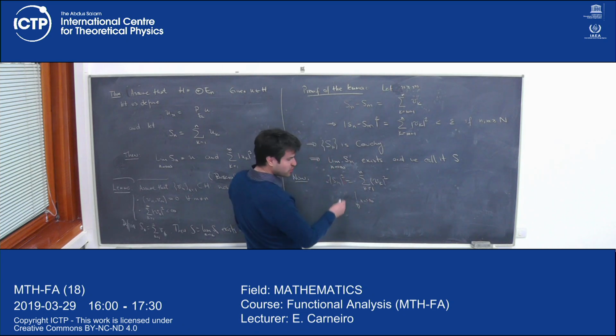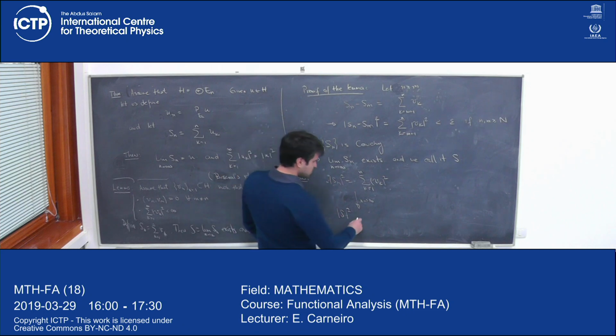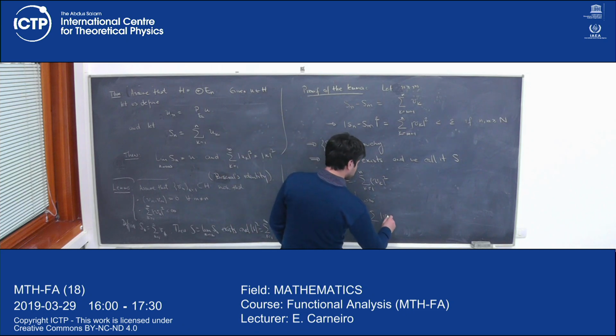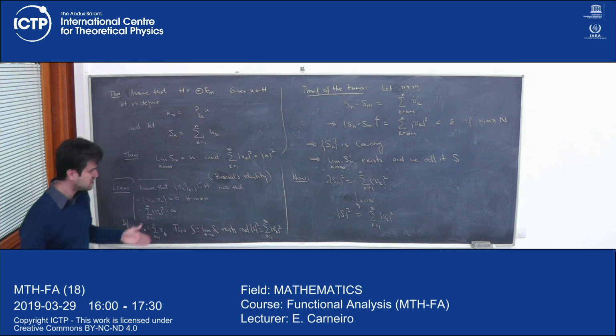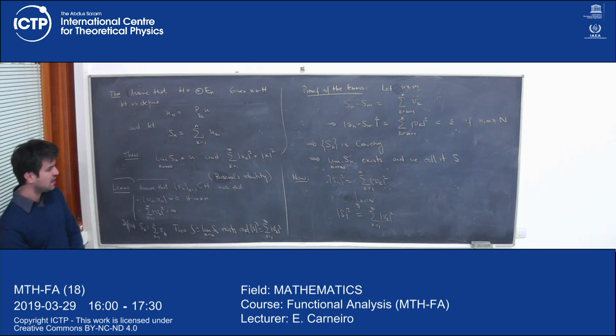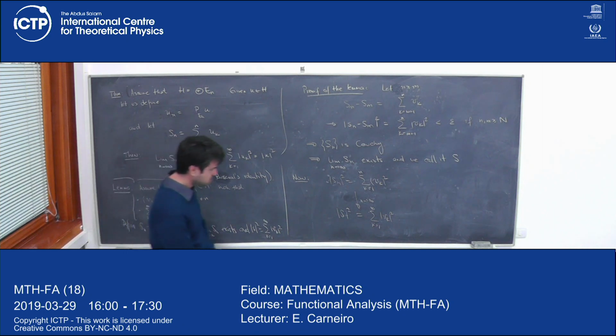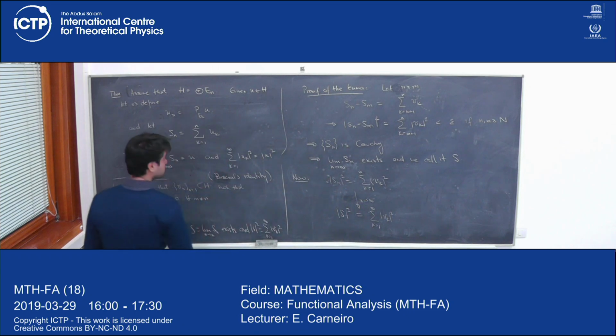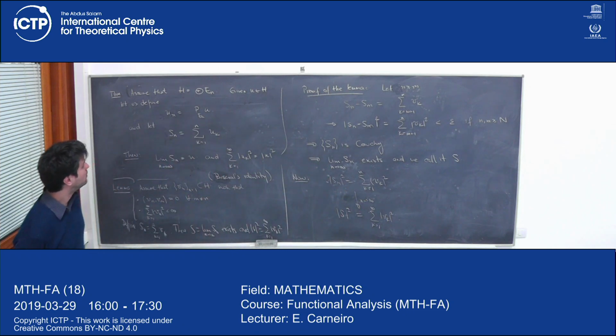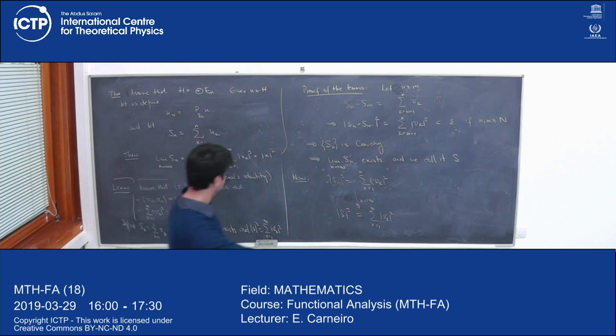The norm of Sn squared will obviously converge to the norm of S squared if Sn converges to S, which is just going to be equal to this sum. Okay, so this is the lemma. Let's see if we can apply it to prove this theorem. This concludes the proof of the lemma.